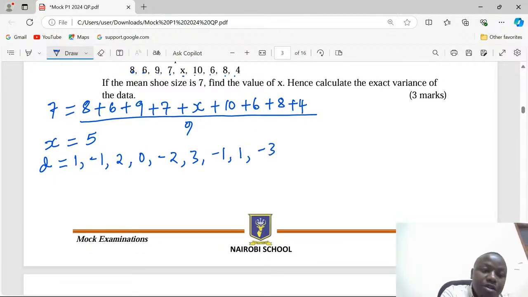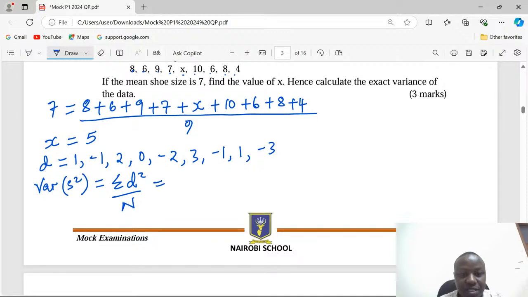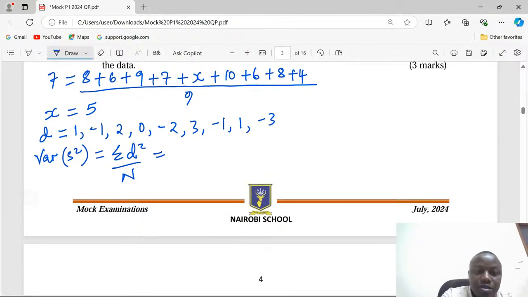For us now to get what we call variance, remember variance is abbreviated S squared. Variance is usually given by the summation of all deviations squared divided by the total number. The mean of all deviations squared. That's why we call it mean square deviation. So we need to square them now. 1 squared is 1. -1 squared is 1. 2 squared is 4. 0 squared is 0. -2 squared is 4. 3 squared is 9.